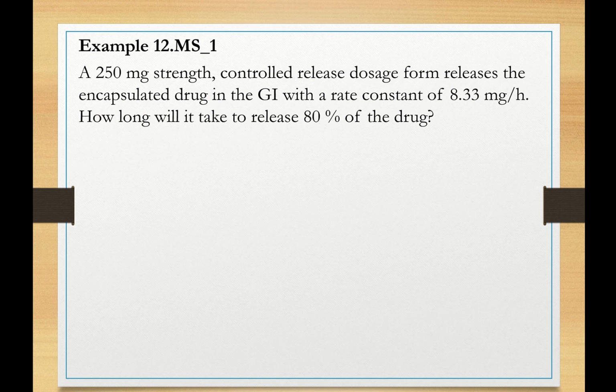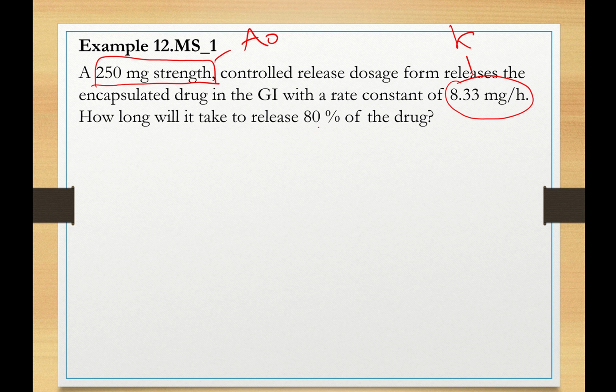Finally, let us solve a problem which requires the use of our equation. So here I have a controlled release dosage form, maybe a tablet or a capsule, and we have the amount there, so that should be the A0. It releases the encapsulated drug in the GI with a rate constant of 8.33 milligrams per hour. So I know that this is the zero order rate constant.